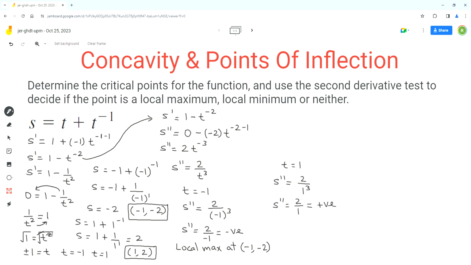That means the second derivative is greater than 0. So that means there is a local minimum at the critical point 1 comma 2. So this should be the final answer for the second part of this problem.